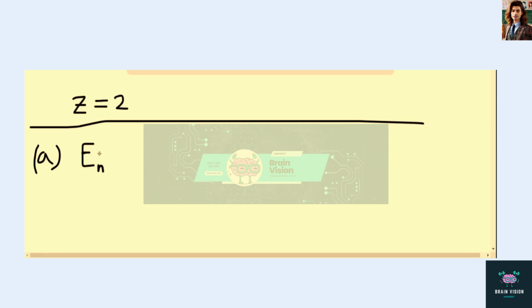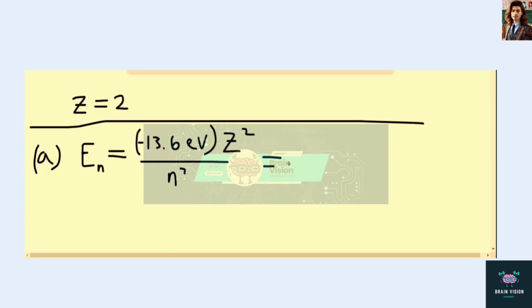We can call it E sub n for the different energy states, and it is equal to negative 13.6 electron volts, which is the ground state energy for hydrogen, multiplied by Z squared, since we aren't just dealing with one proton, we have two in this situation, divided by n squared. So for us, plugging in Z equals 2, this is equal to negative 54.4 electron volts divided by n squared.